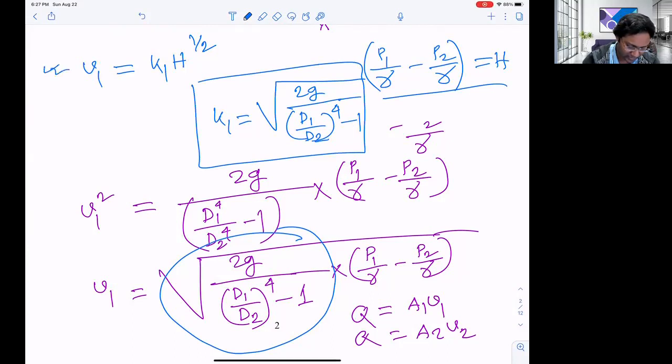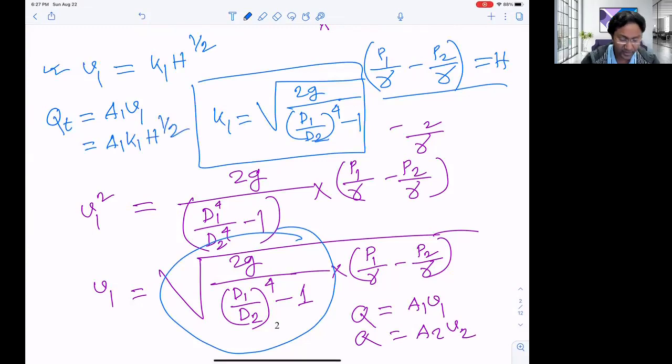Now I'm calculating the theoretical discharge QT, right? The discharge we're calculating using this theory, all this derivation and equation, is called the theoretical discharge. So QT is equal to A1 times V1. Since we have the value of V1, we can write A1, K1, and H to the power half.